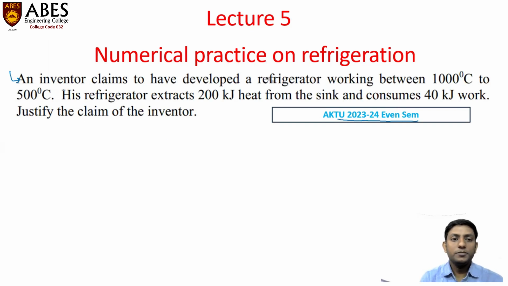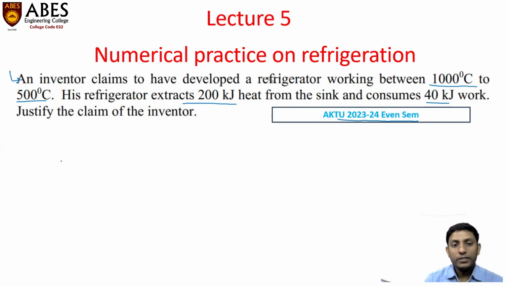The question says that an inventor claims to have developed a refrigerator working between 1000 degrees Celsius to 500 degrees Celsius. His refrigerator extracts 2200 kilojoule heat from sink and consumes 40 kilojoule of work. Justify the claim of the inventor.